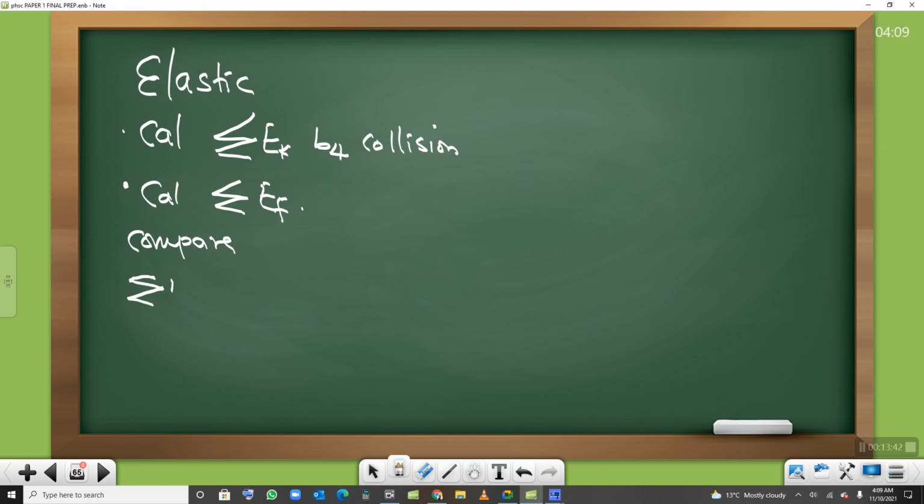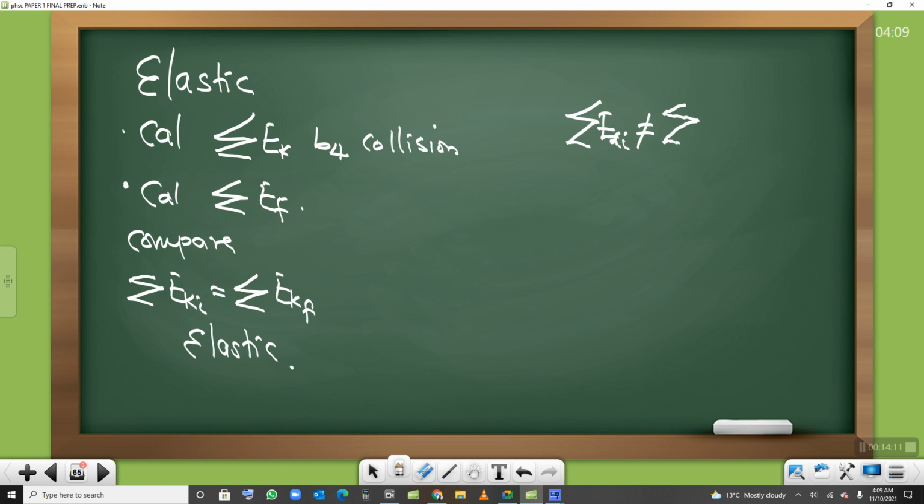If the total kinetic energy initial is equal to the total kinetic energy final, it is elastic. And if they are not equal, EKi is not equal to the sum of the kinetic energy final, then it is inelastic. Everybody should know that by now.